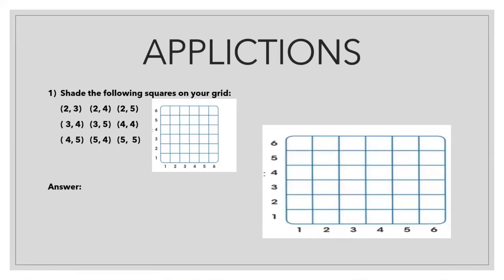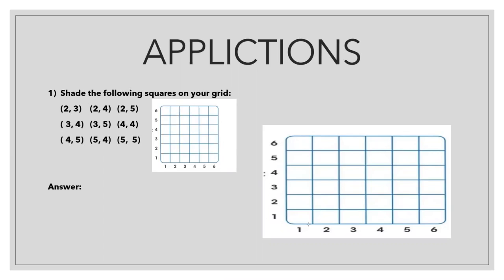So this is the grid, the very same grid. I just enlarged it. Now we are going to shade it. Let's see how we can shade, or how we can find the position on a grid with the help of these given coordinates. Okay, now just see, the first coordinate is 2, 3.